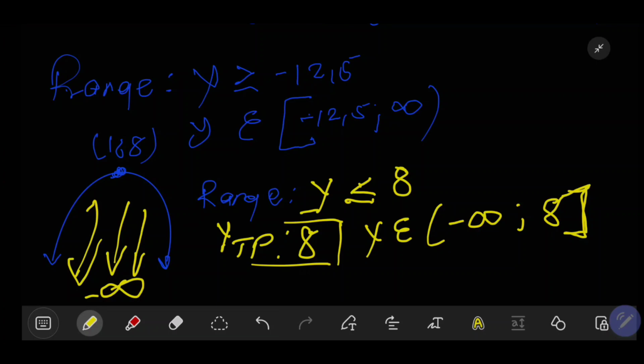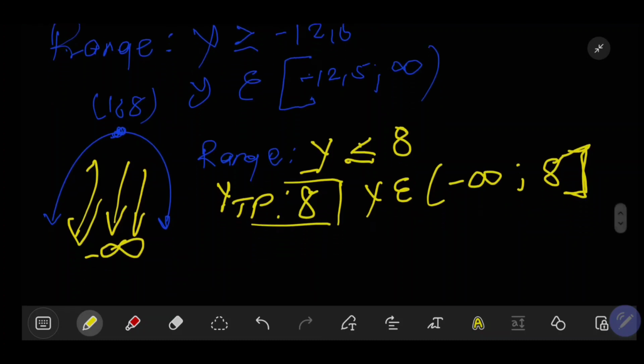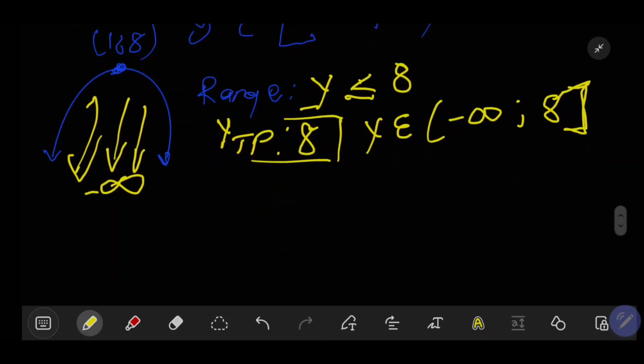All right, so earlier we said that the c and the b on this formula, f(x) = ax² + bx + c. We talked about the first effect of b, which was to help us get the axis of symmetry.